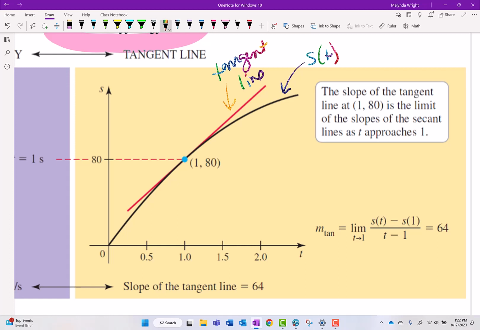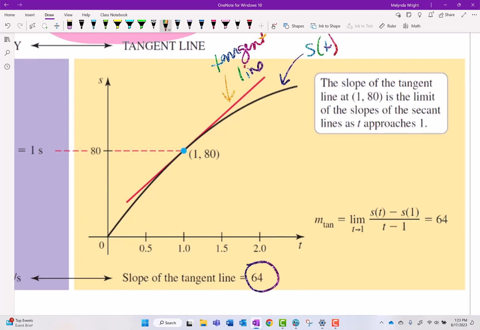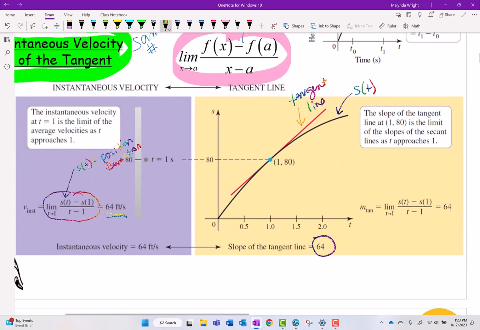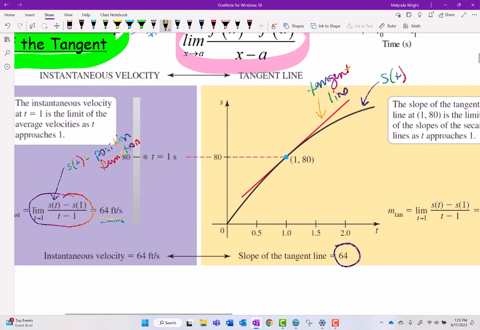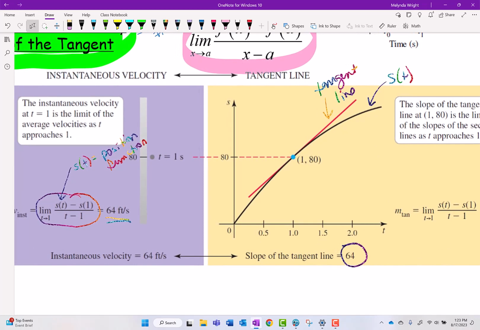What is happening here is the slope of this tangent line is actually 64. If we had 2 points on the line, we could calculate the slope, and we would get 64. So this is really just a visual representation that they are the same number, but we get them different ways.